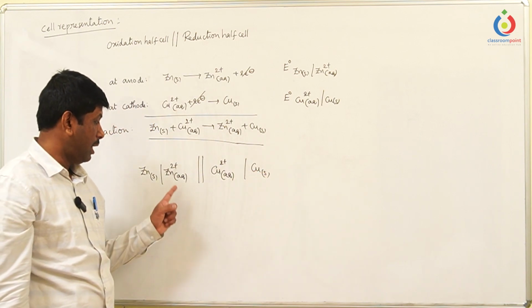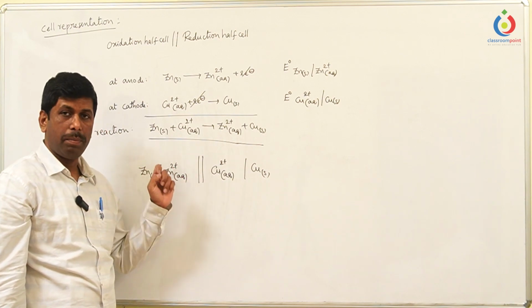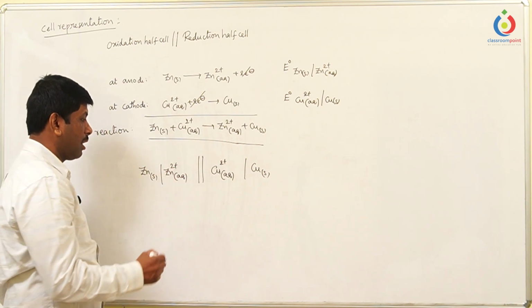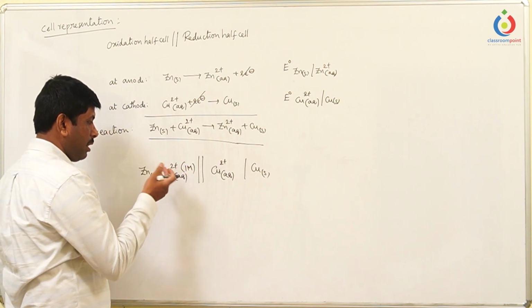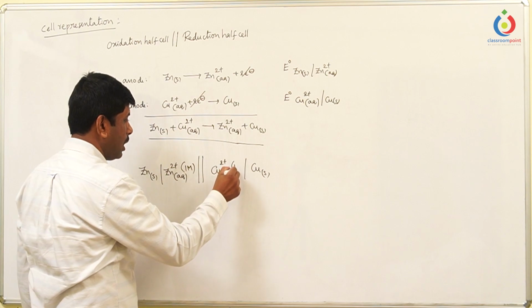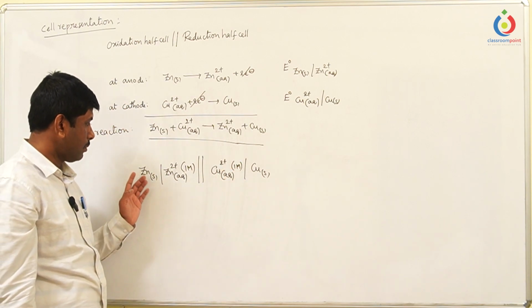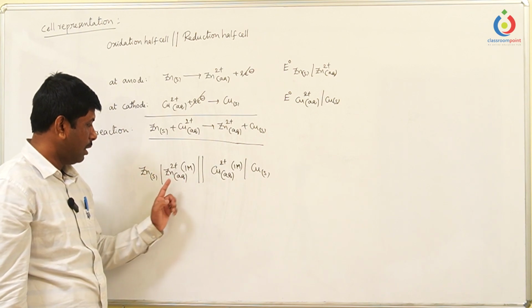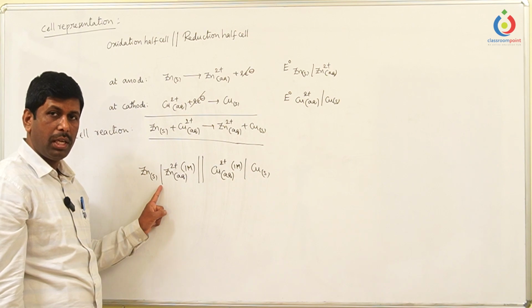Whenever writing the cell representation, if any ions are present in aqueous form, their concentrations also have to be mentioned in brackets. I am taking the concentrations as 1 molar, so I am writing 1 molar. So this is the cell representation. This single vertical line represents the interface.